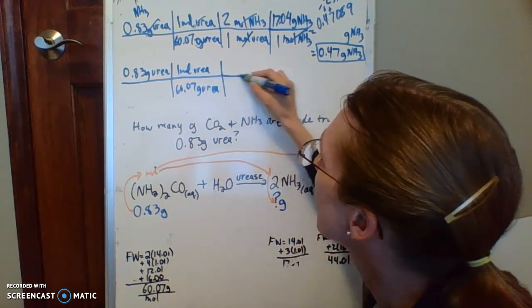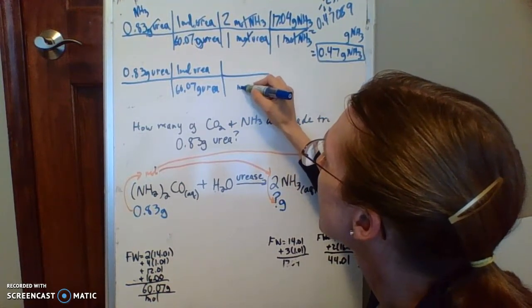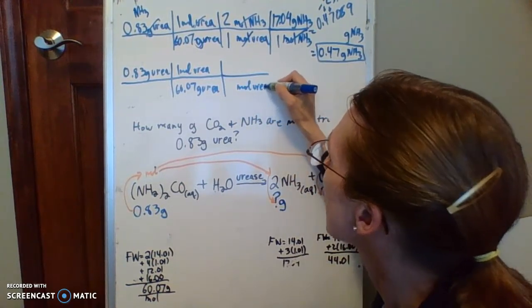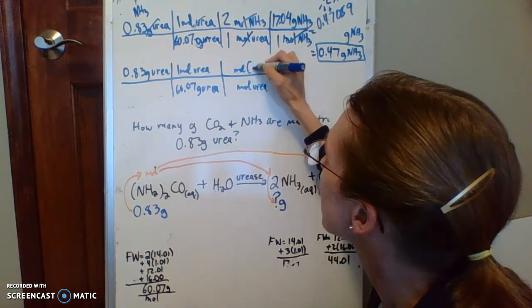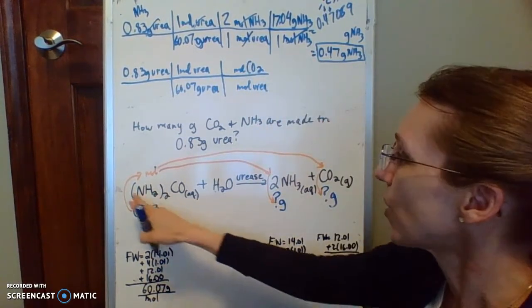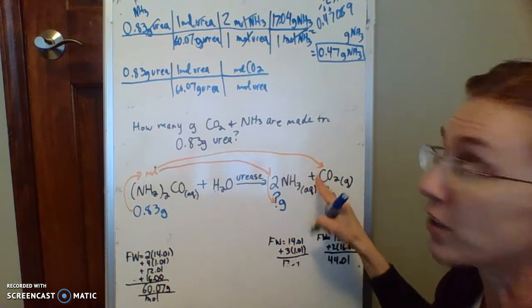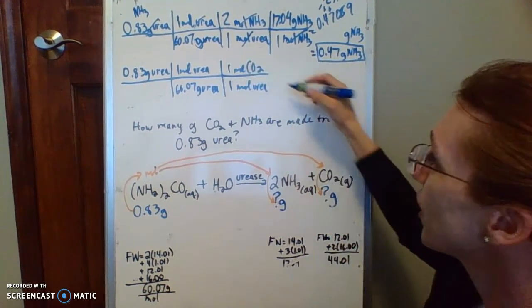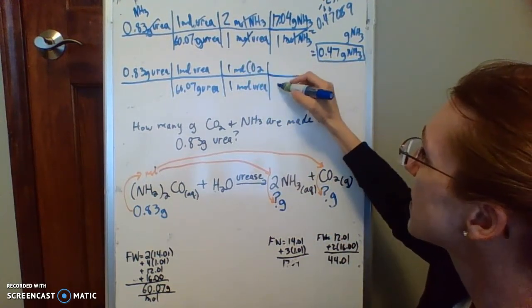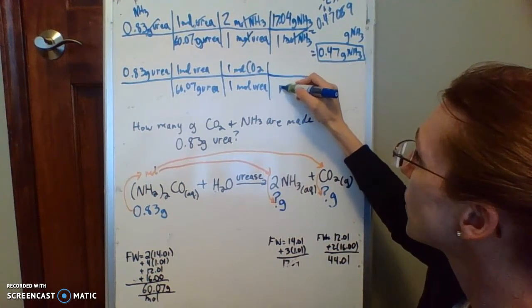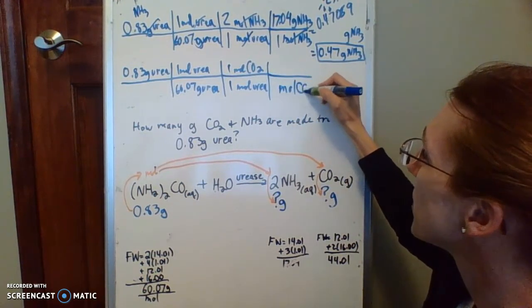But here, when we do our molar ratio, we've got moles of urea, but this time we want to go to moles of CO2. So our coefficient here is 1, our coefficient here is 1, so we have a 1-to-1 ratio. And then we're going to do our final molar mass down here, and it's going to be of CO2 this time.